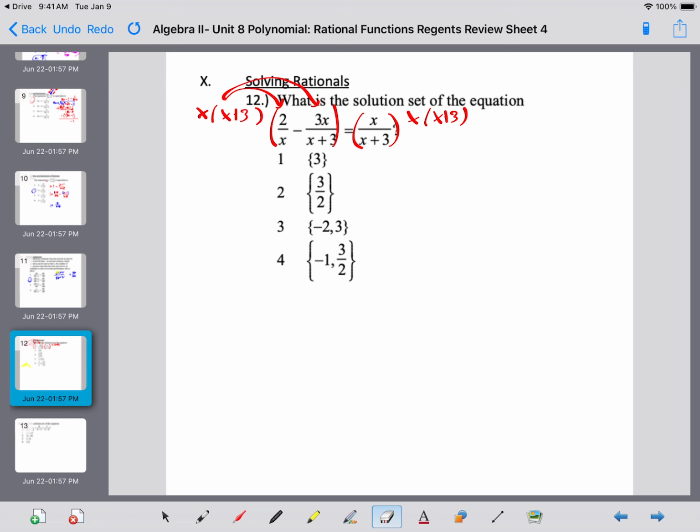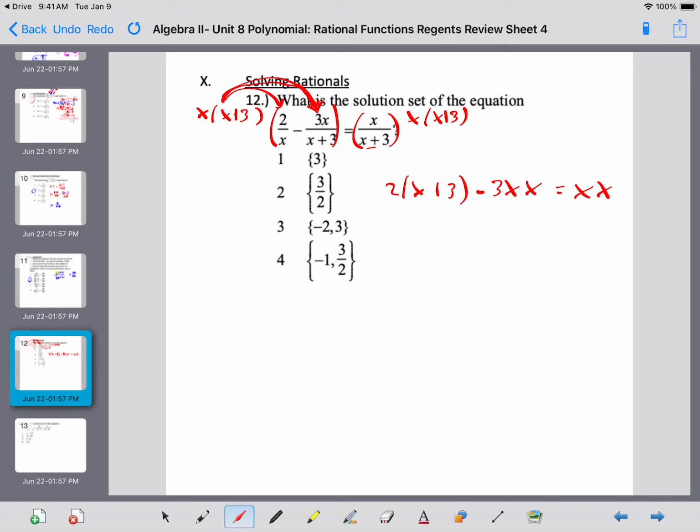Okay. When you distribute here, the x plus 3 would cancel out, so you'd be left with 3x, and you'd be left with x. And in this case, the x plus 3 would cancel out, so you'd be left with x, and you'd be left with x.